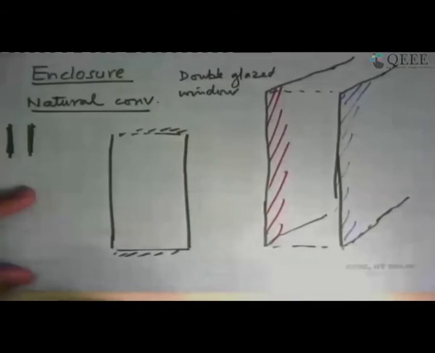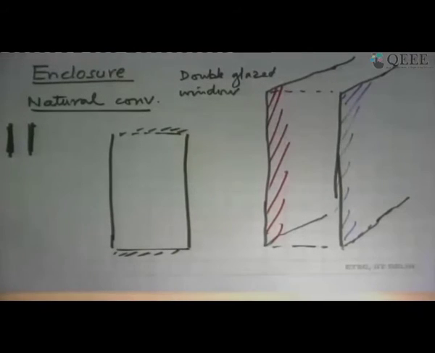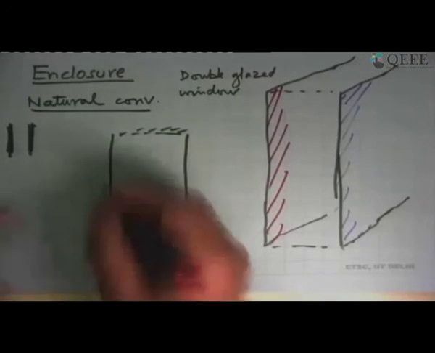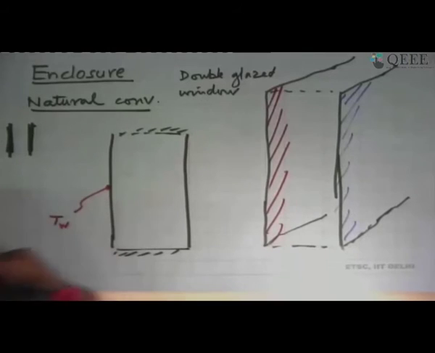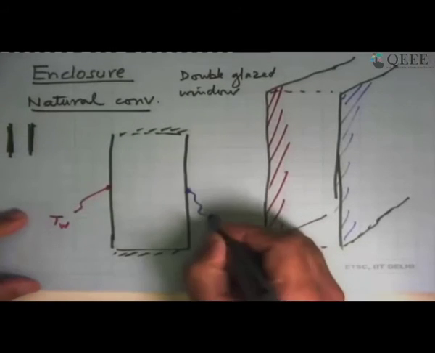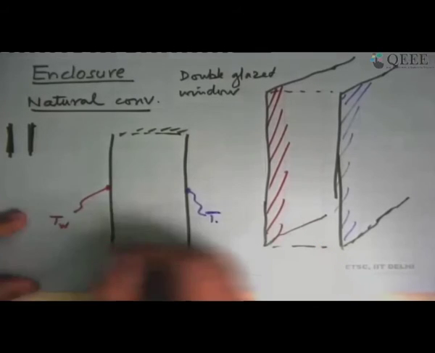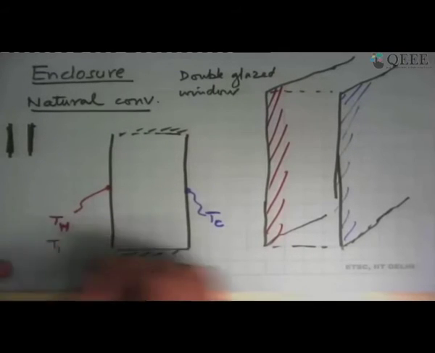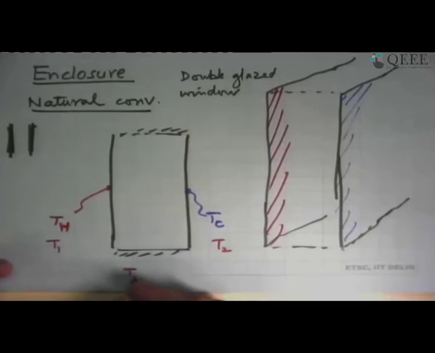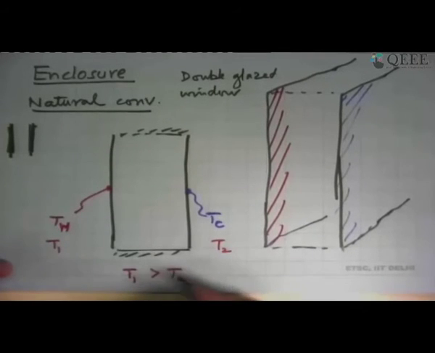And coming back to this, the problem that we are looking at is that this is a wall at a higher temperature, Th, and the other wall is at a lower temperature, Tc, or you can call it T1 and T2, doesn't matter. T1 greater than T2.